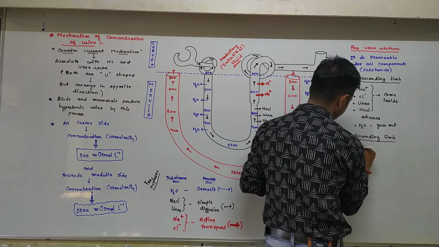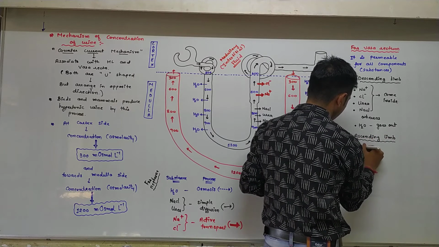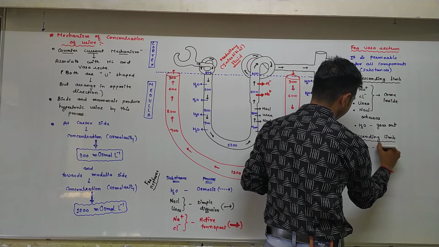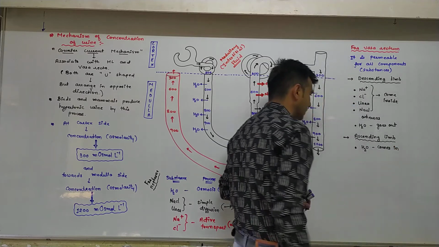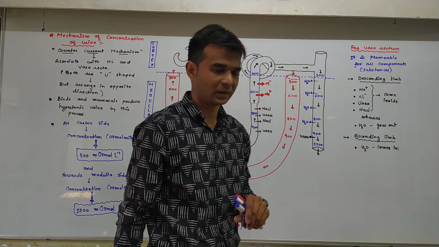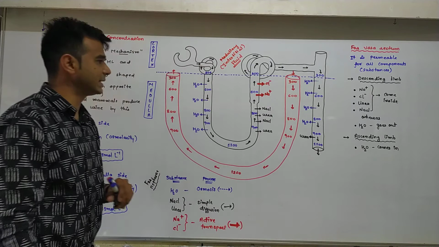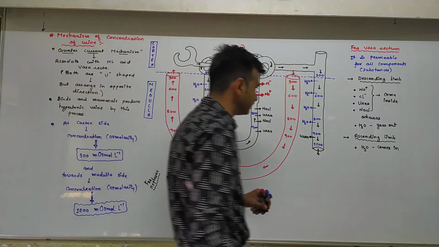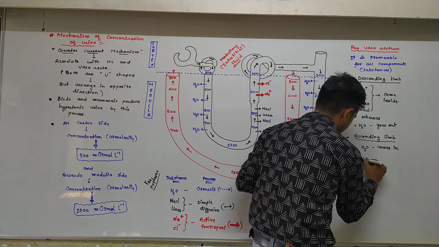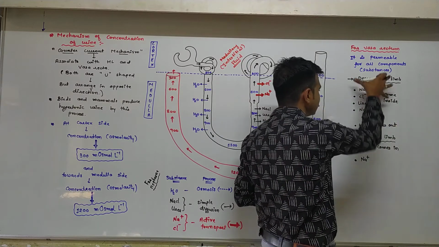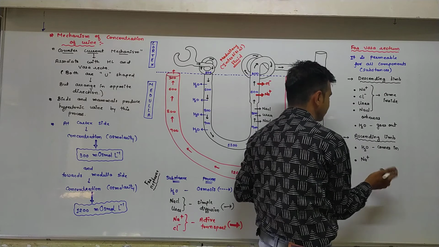Ascending limb, for that you remember water comes in. Water comes in the ascending limb of vasa recta, whereas Na plus, yes, you are right. All the points are opposite here.